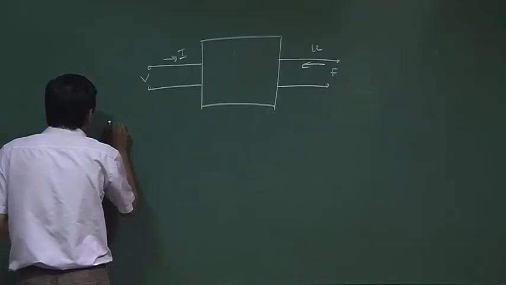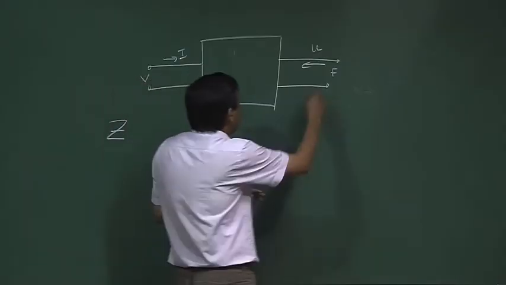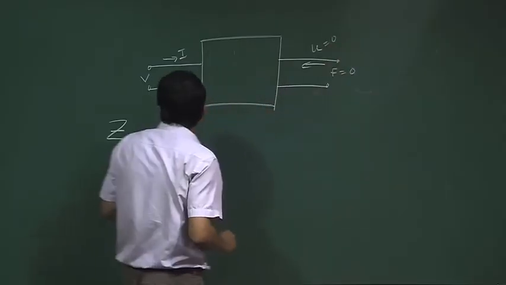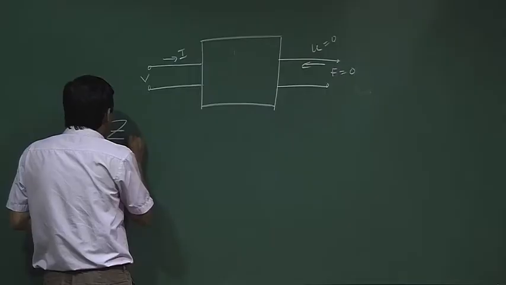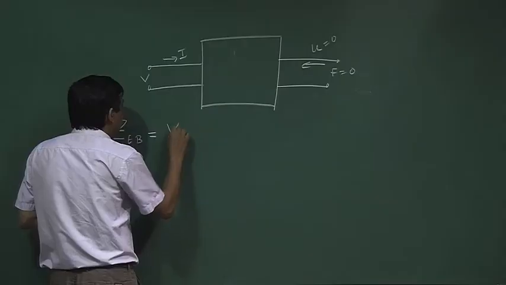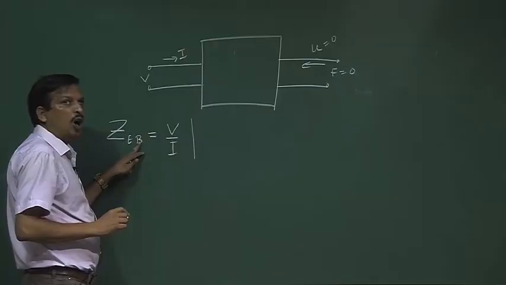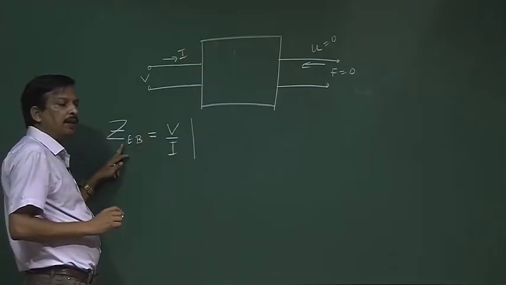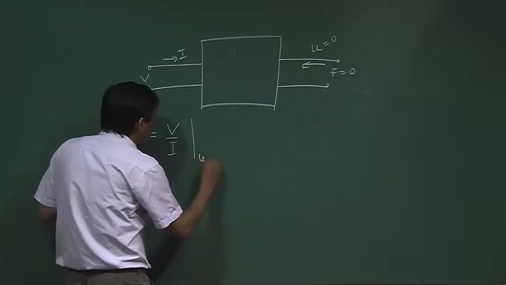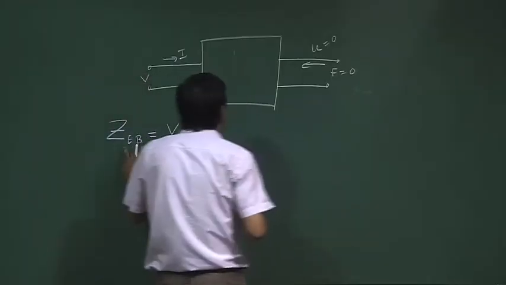Let us say the electrical impedance Z has two conditions, either F equal to 0 or U equal to 0. So, let us write ZEB, it is nothing but V by I when U is equal to 0, called the blocked electrical impedance.